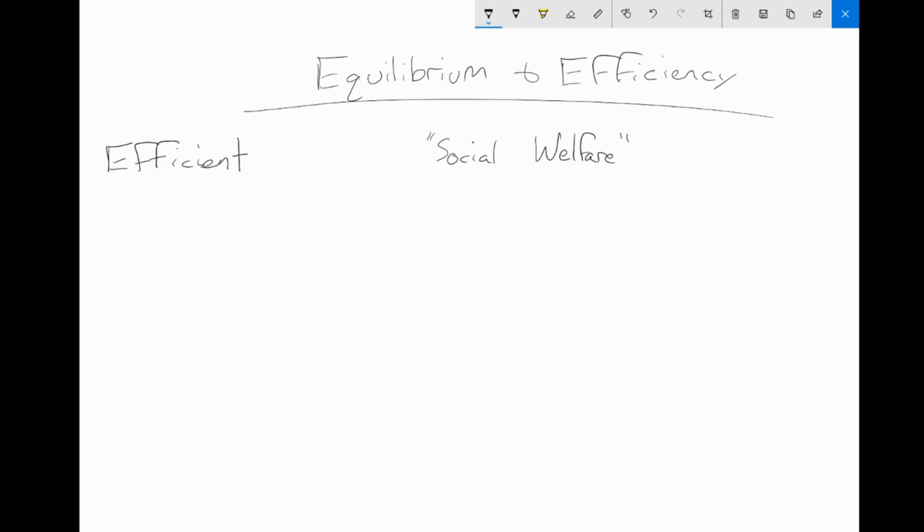Now, a common and rather benign notion of social welfare is the concept called Pareto efficiency, or Pareto optimality. Okay, Pareto optimality. So let's define what this is.